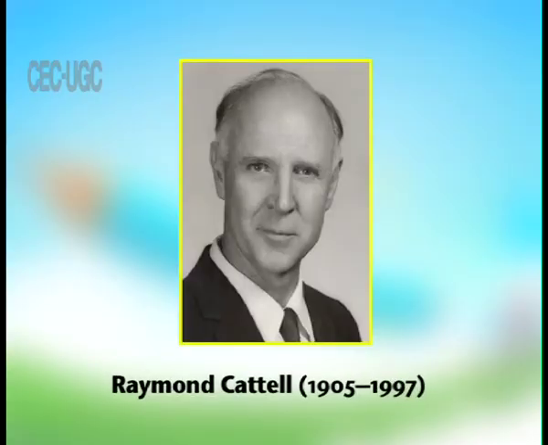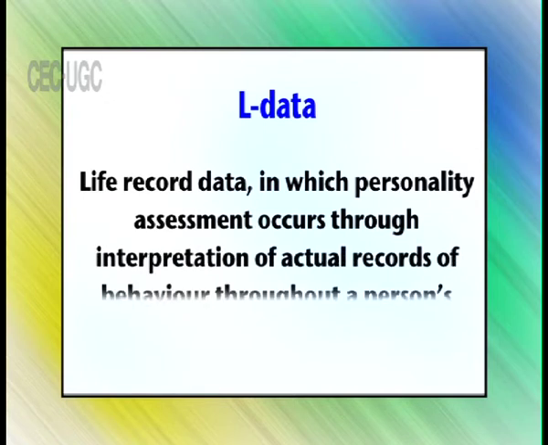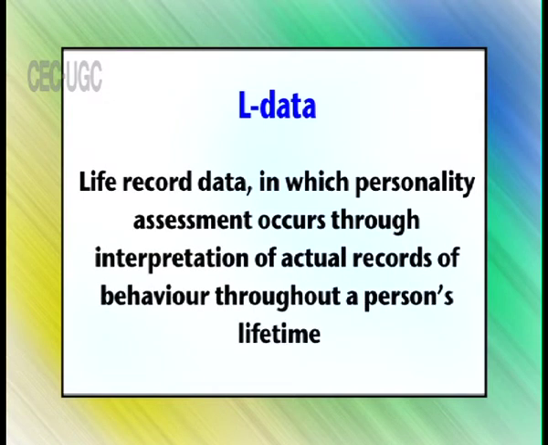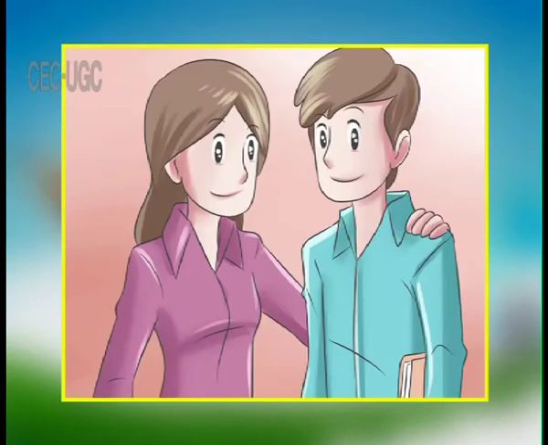Cattell's subsequent investigation yielded 3 types of data, which he categorized as follows. Number 1, L data pertains to life record data, in which personality assessment occurs through interpretation of actual records of behavior throughout a person's lifetime. For example, report cards, ratings by friends, etc. Number 2, Q data.